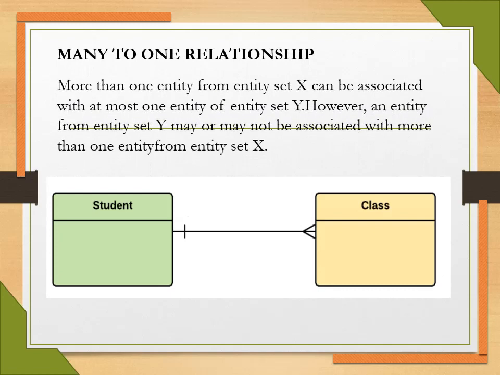More than one entity from entity set X can be associated with at most one entity of entity set Y. However, an entity from entity set Y may or may not be associated with more than one entity from entity set X. For example, many students belong to the same class because in a class there are so many.